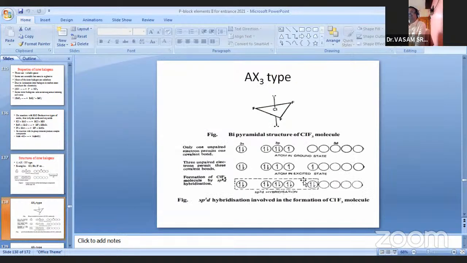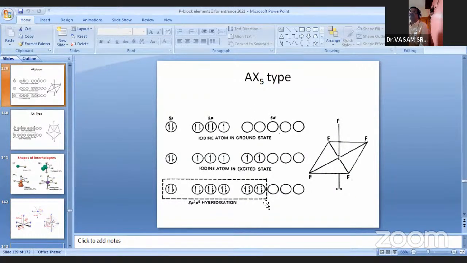And this is AX3: the central halogen has 2 lone pairs, 3 sigma bonds, sp3d hybridization. You see, this is the first excited state and the second excited state. It is possible in the second excited state: 1 s orbital, 3 p orbitals, and 1 d orbital combine to form sp3d hybrid orbitals.